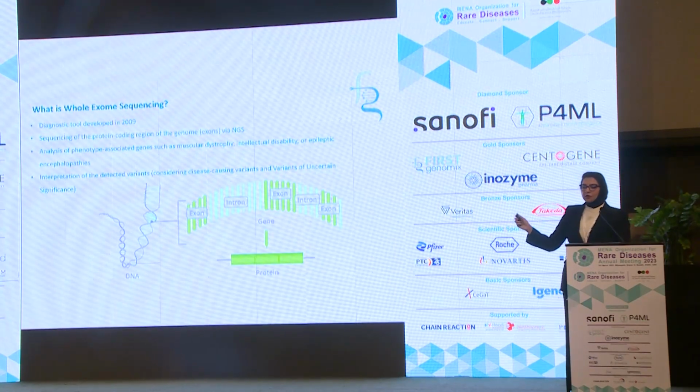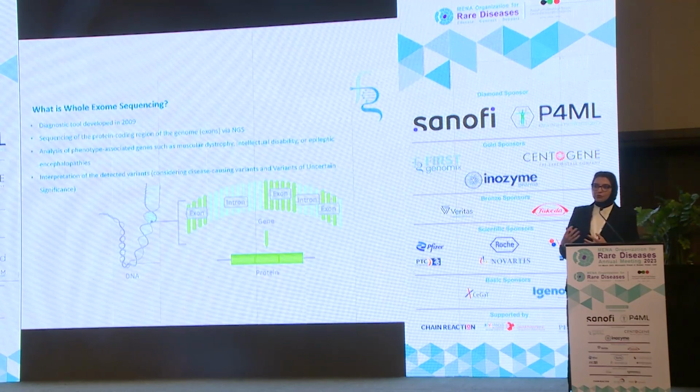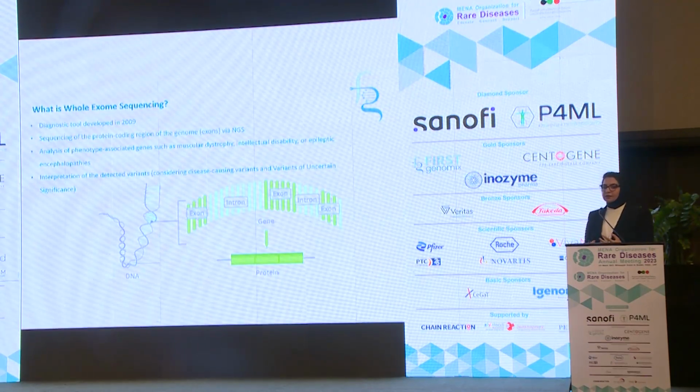In whole exome sequencing, you try to find an association between the provided phenotype of the index patient and the genes that you are analyzing. If you find a candidate, then you need to go for classification. We're trying to put together which gene is the perfect candidate for the case.